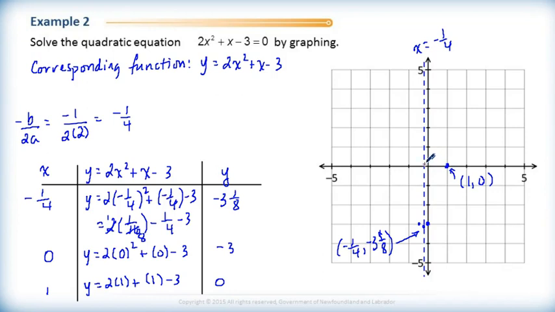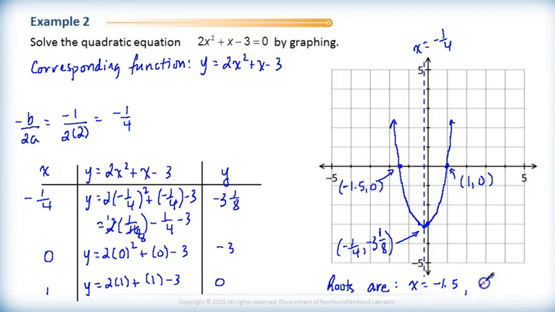So I've got to go 1 full unit to the left, brings me to negative 1 and 1/4, plus another 1/4. So it brings me right to here, which is at negative 1.5. So with a bit of accurate graphing here, I've got my other x-intercept, negative 1.5 and 0. So our roots are located at x equals negative 1.5 and x equals 1. They should balance that equation.